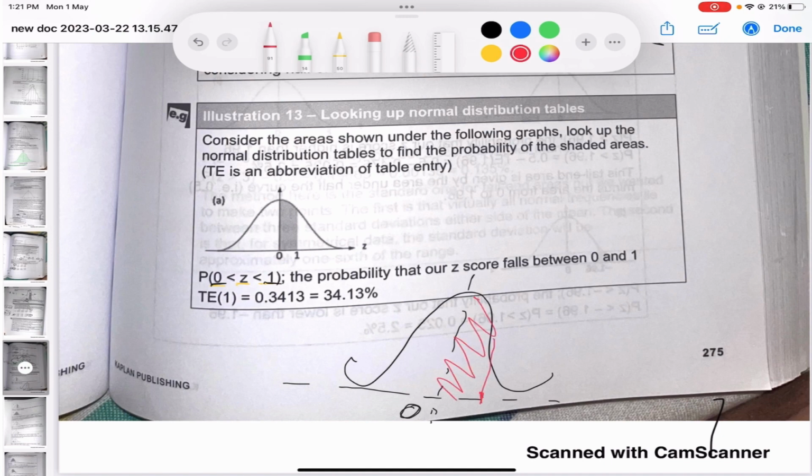I want to find the area of this. How am I going to do that? Think about it. 0 and 1. The probability that our z score falls between 0 and 1 is this much. Now how did they do that?